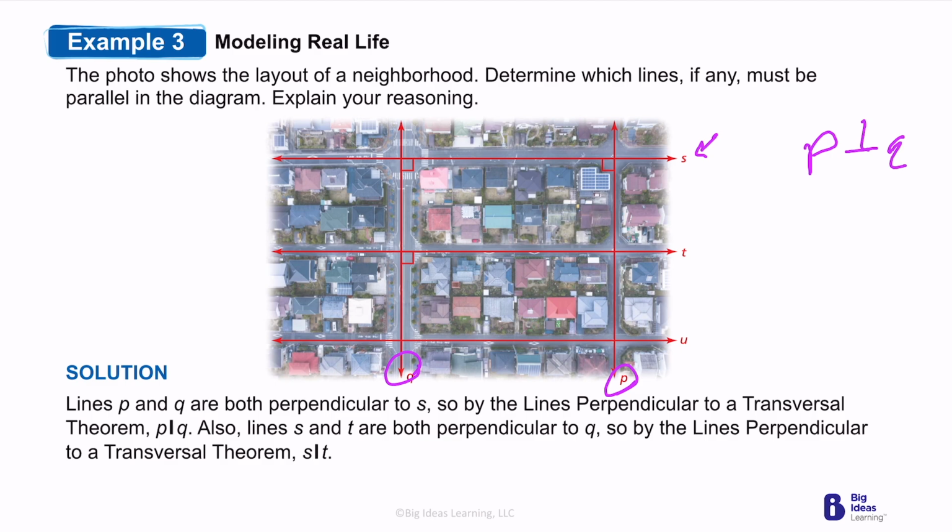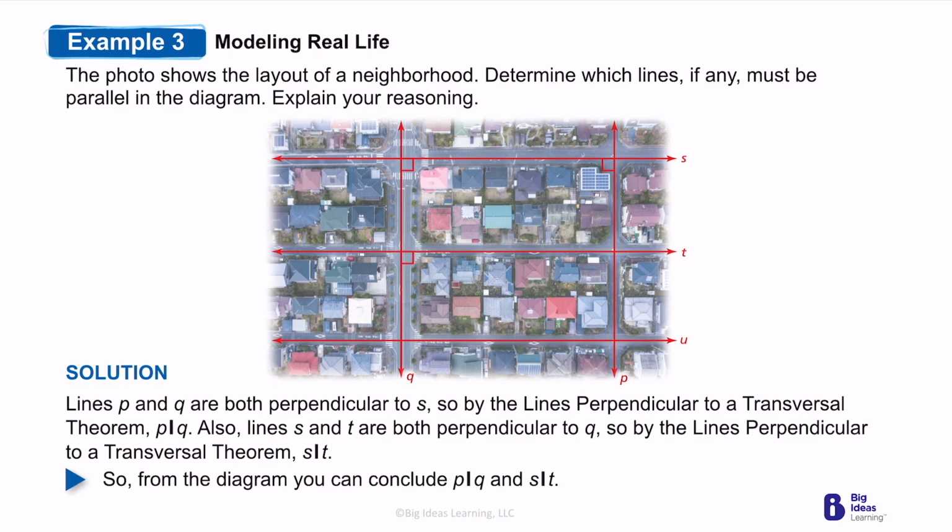So we know that. And since lines S and T, these two, are also both perpendicular to Q, because there's right angles, that means that they have to be parallel. So S is parallel to T, and P is parallel to Q.